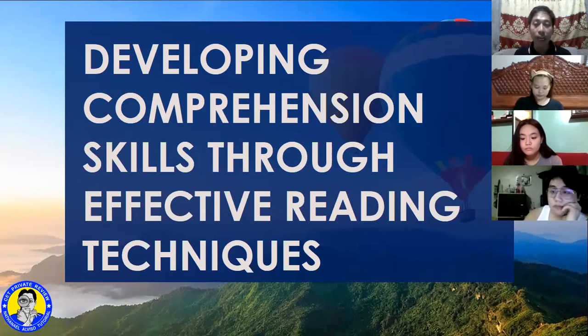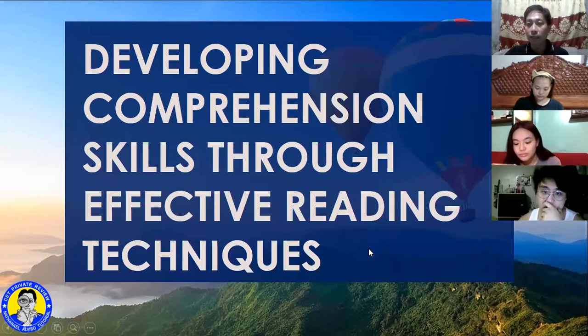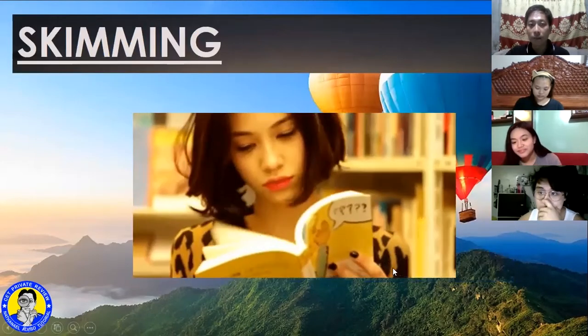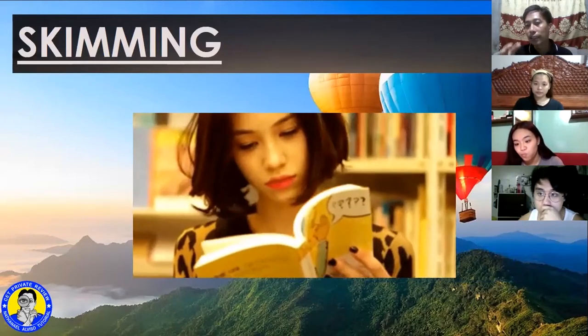But if you have enough time, then let's go ahead and try to learn about understanding what we read in a passage. So, developing comprehension skills through effective reading techniques. The first thing that you should do is skimming, meaning you scan first. You do not read the passage right away.